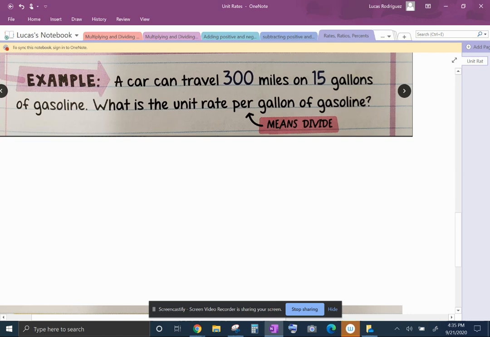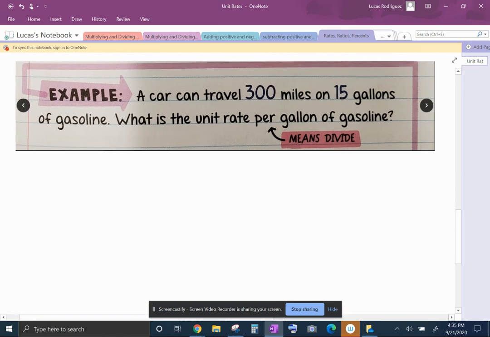Now, the example says, let me pull out my pen, a car can travel 300 miles on 15 gallons. So we have one unit here that says miles and another unit here that says gallons. So this means this is a rate because the units are different.